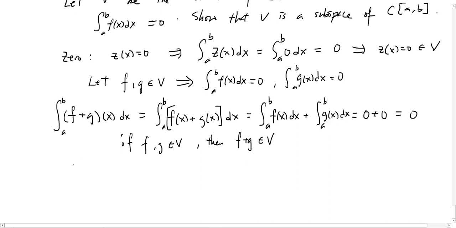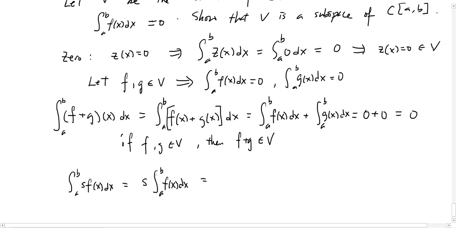Now I can do the same thing for scalar multiples. If I integrate from a to b some scalar s multiplied by f of x dx, what would happen to it? Well, according to our integration rule, if there's a scalar multiplied by a function inside an integral, I can pull the scalar out and integrate the function.